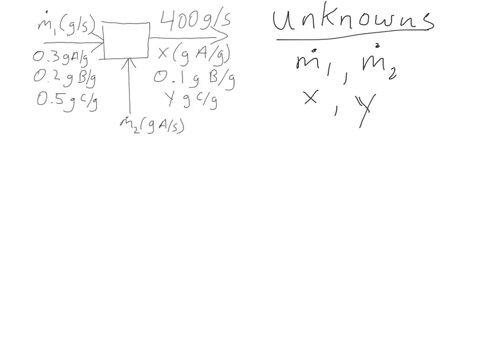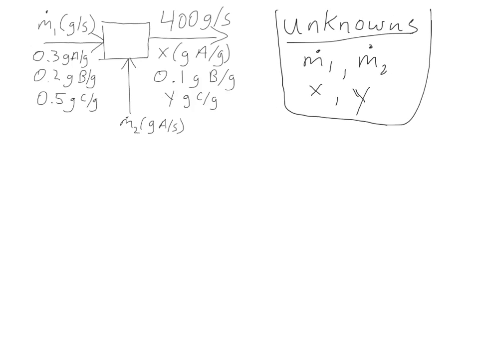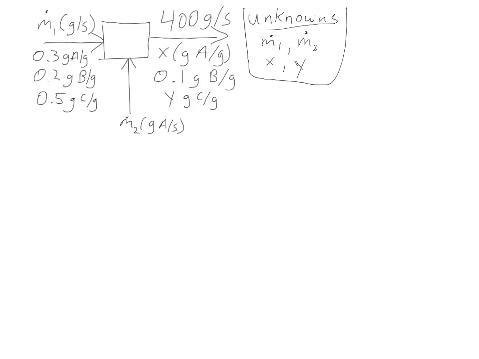So by writing out the unknowns I'm trying to solve for and putting a nice box around them, it's clear in my mind that this is the goal of solving this problem. Let me shrink that down there. So that's what I'm trying to solve for, these four unknown variables.